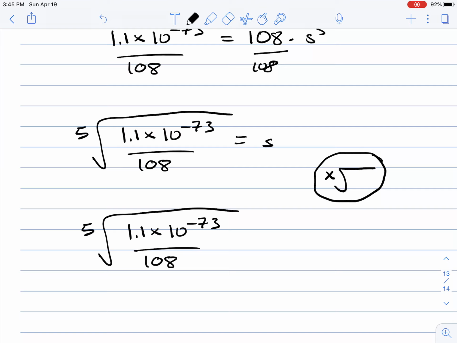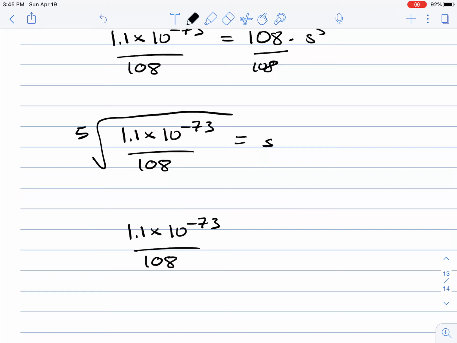Some calculators, in terms of how you plug it in, are a little bit different, so that's something you need to explore on your own. Personally, to expedite that whole process and make sure you're doing it precisely, go ahead and determine the value that's inside the parentheses, and then put the caret sign in your calculator, and then type in 1 divided by 5. And that's equivalent to the 5th root. And that's going to give you the molar solubility.